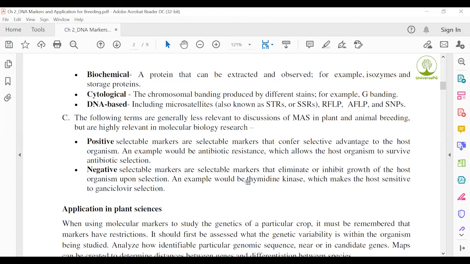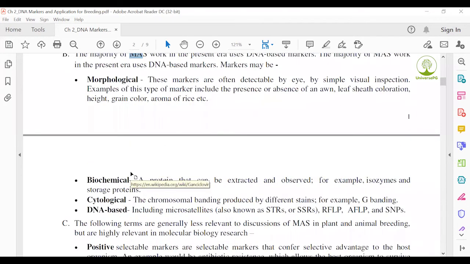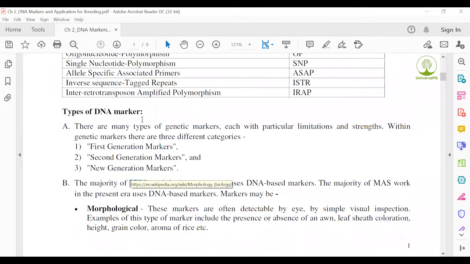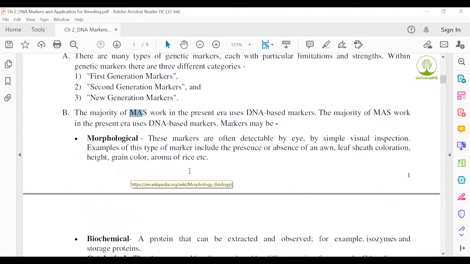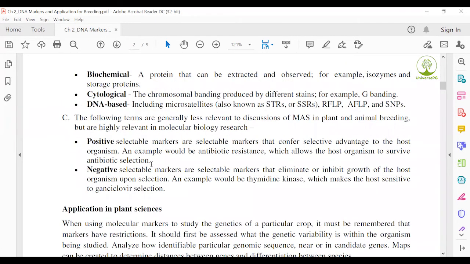So thymidine kinase is one kind of negative selectable marker. These are the major types of DNA marker in plant research.